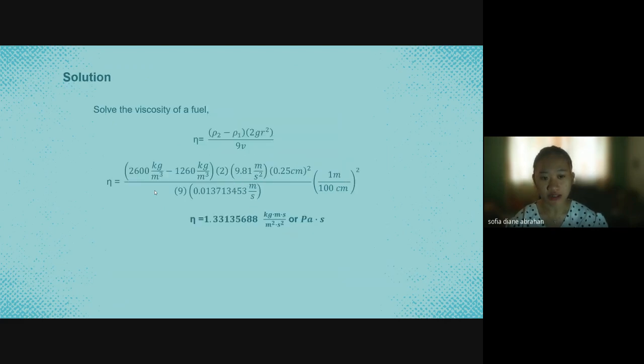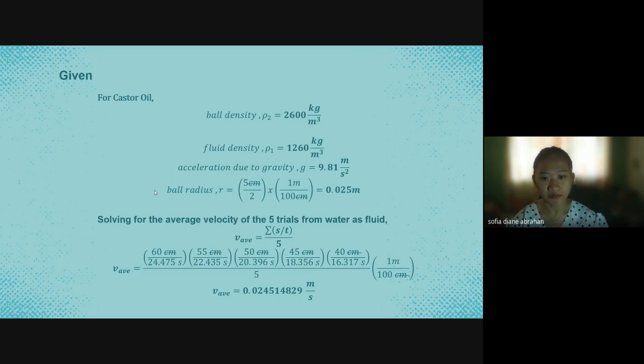Calculating for the viscosity of the fluid, the equation is density 2 minus density 1 multiplied by 2 times gravity times radius squared over 9b, and we have 1.33135688 Pascal second.